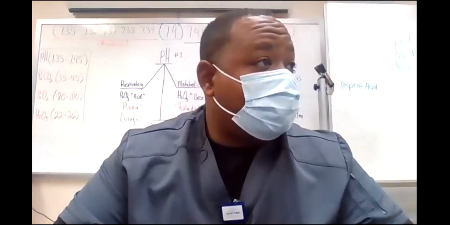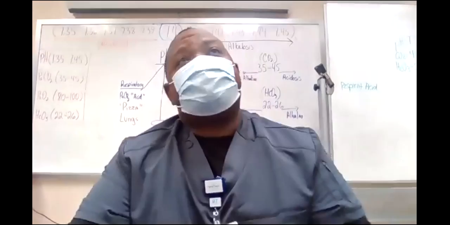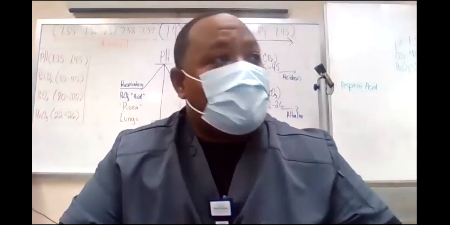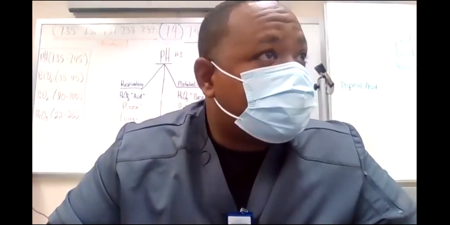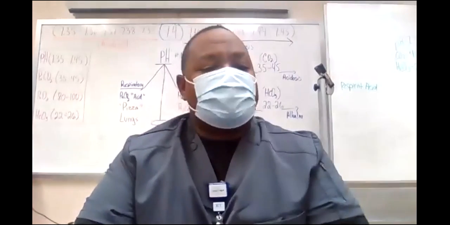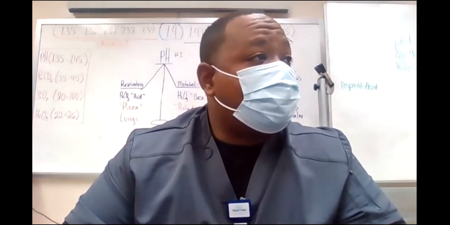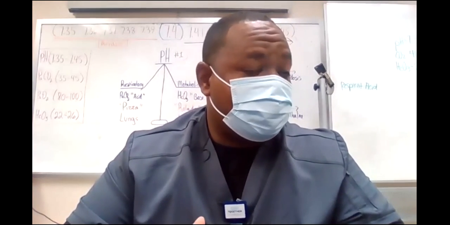That's all you need to know. Carbonic acid is a combination or the hydrolysis of bicarb. Bicarb added to water. So HCO3 plus H2O gives us H2CO3. Okay? That's carbonic acid. Water and bicarb come together to form carbonic acid, right?